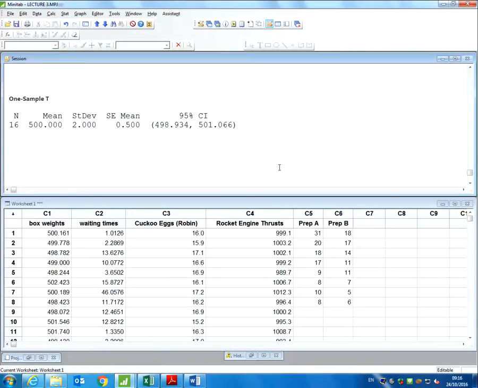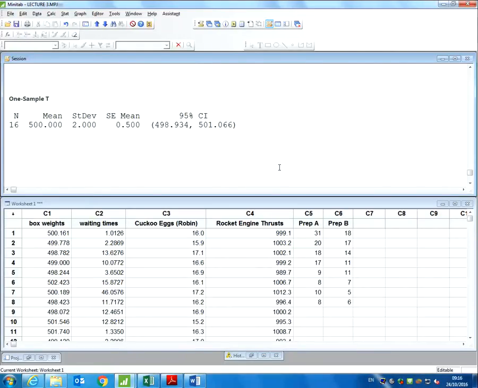The standard deviation is 2 grams. Now, how do we interpret the two numbers in brackets? That's the confidence interval. How do we finish off this sentence? We're 95% confident that the true mean, the population mean, is between those two numbers. You all okay with that?